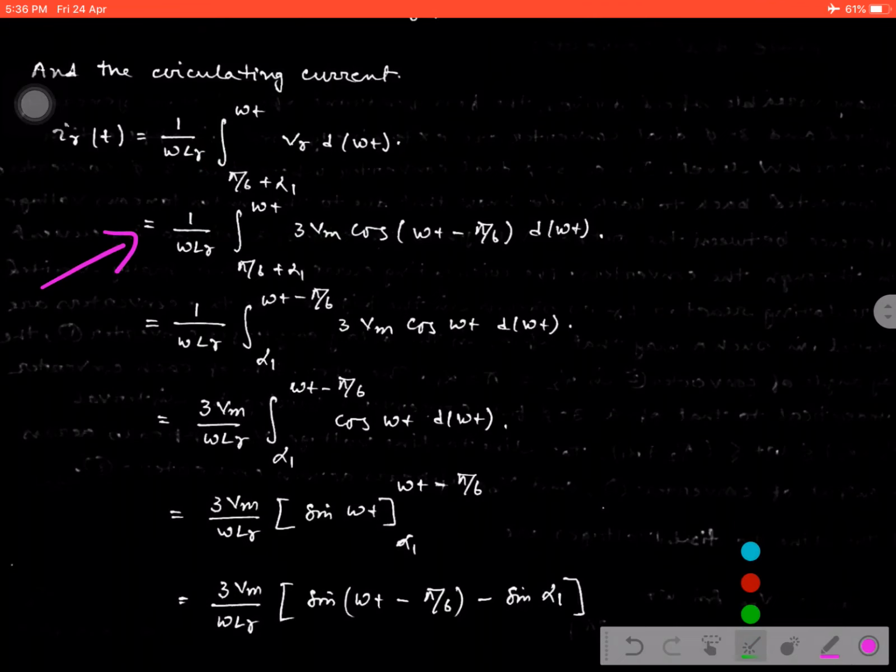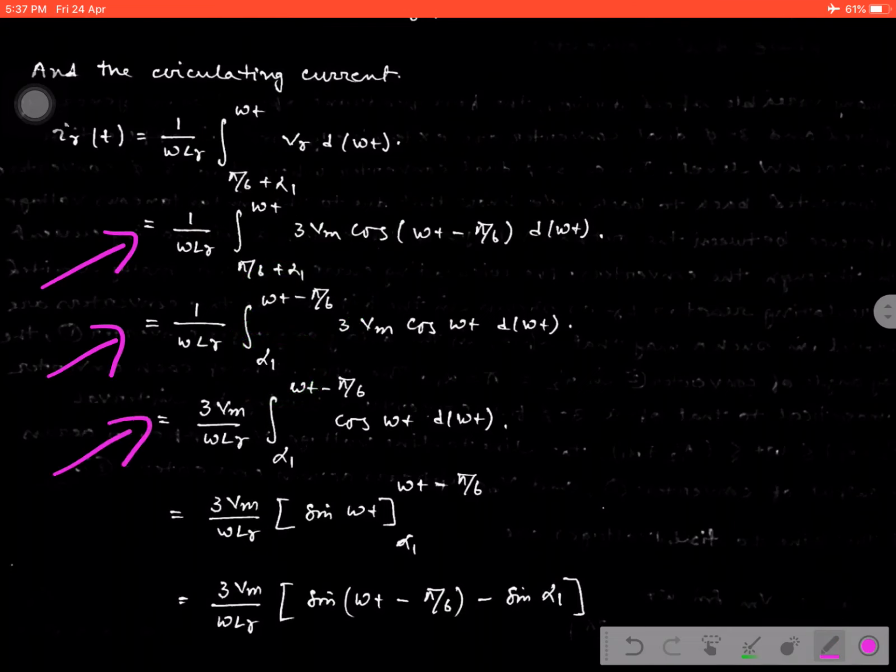We know that 3 Vm cos(ωt − π/6) is the instantaneous voltage difference, as I discussed before, and we can change the term ωt ± π/6 with respect to the limits. I have added this −π/6 to ωt and to π/6 + α1, which gives ωt − π/6 and α1. This is a very simple way to carry out the further simplification.